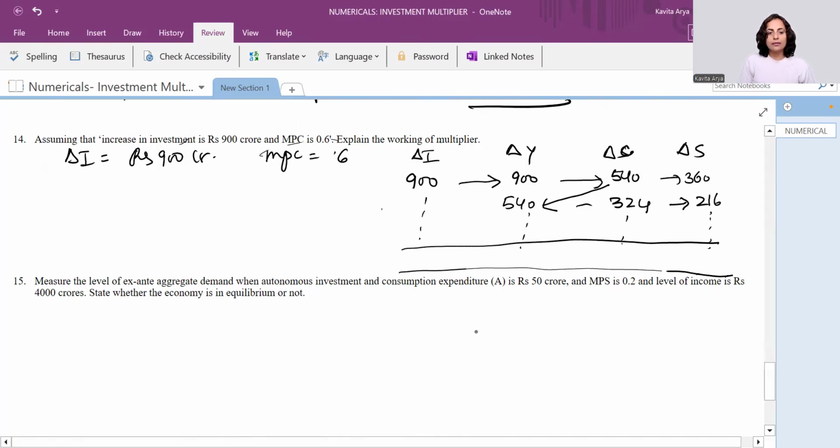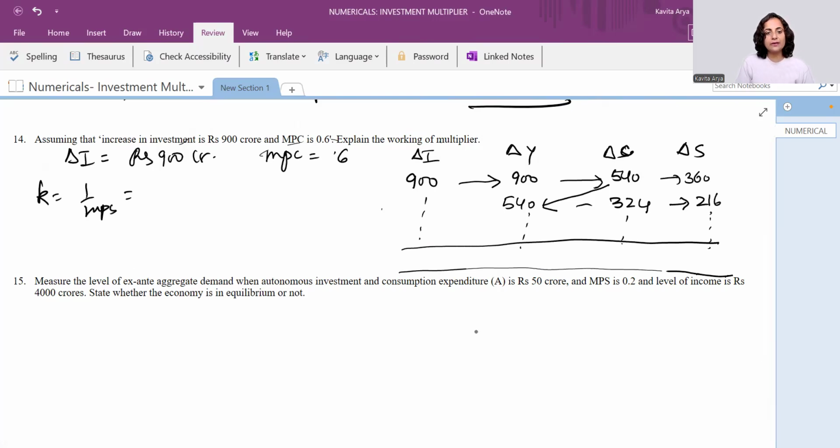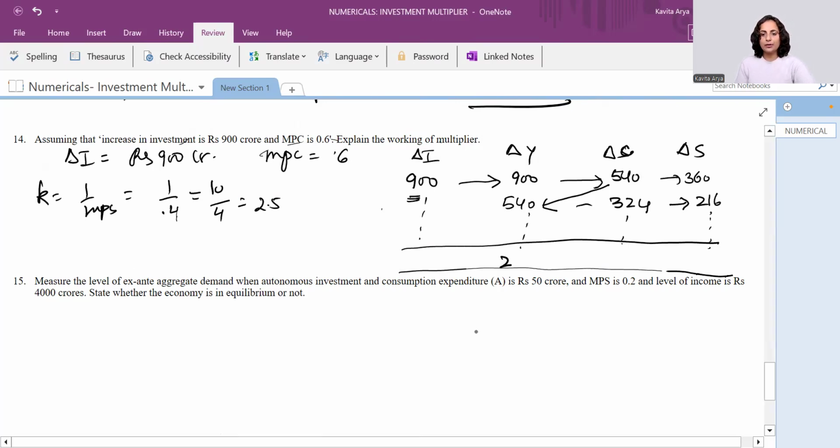We know that K is equal to 1 by MPS, and this is equal to 1 by 0.4, and that happens to be 10 by 4, that is 2.5, right? So the income is multiplied 2.5 times. Hence, if you just check out the 2.5 times of this 900, that gets out to be 2250.